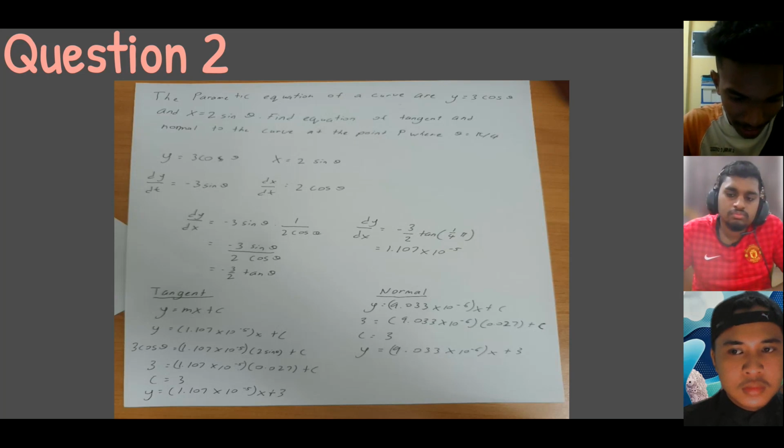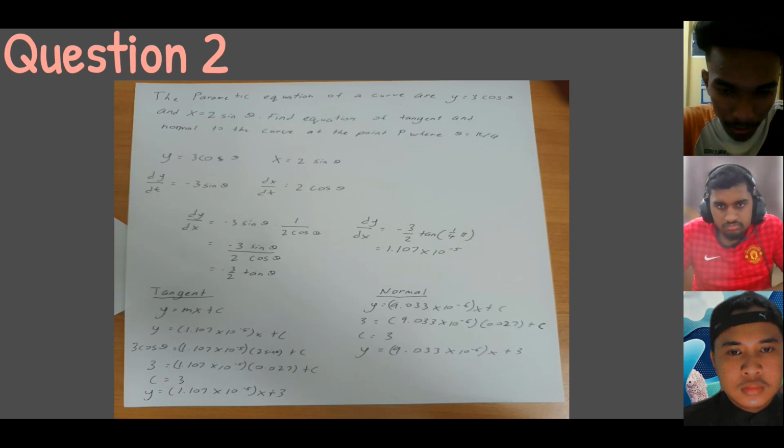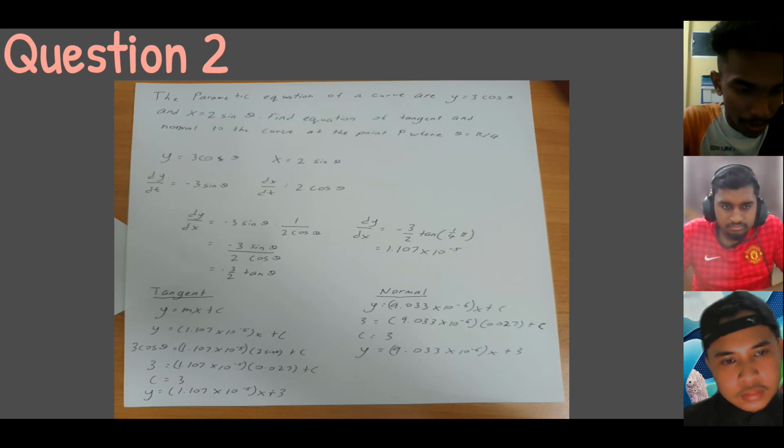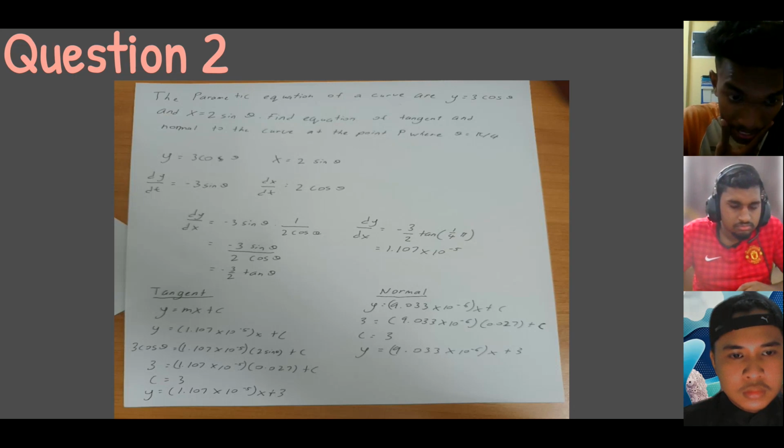So the final answer will be -3/2 tan theta. So dy/dx equals -3/2 tan theta, and the final answer will be 1.107 × 10^-5. The tangent formula, as we know, is y equals mx plus c. The mx plus c is 1.107 × 10^-5 x plus c.